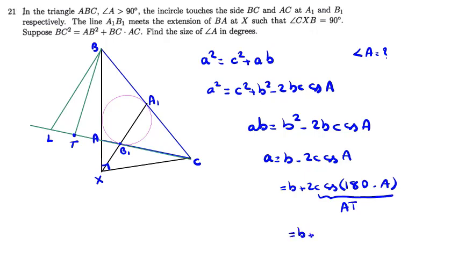So it equals b plus 2AT. We consider this perpendicular and extend until we reach L, so that AT equals TL, because it is 2AT.